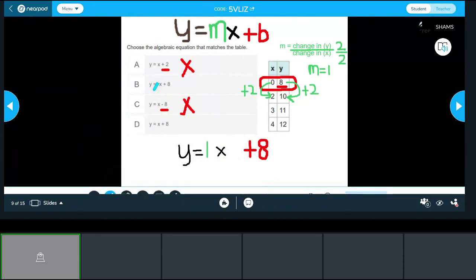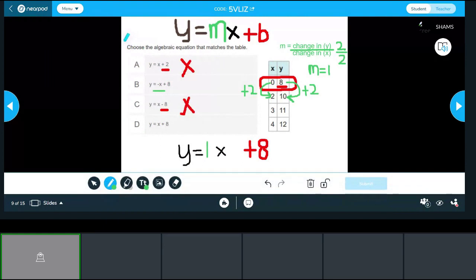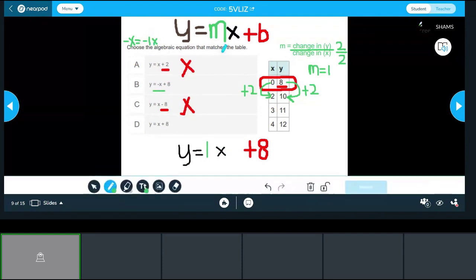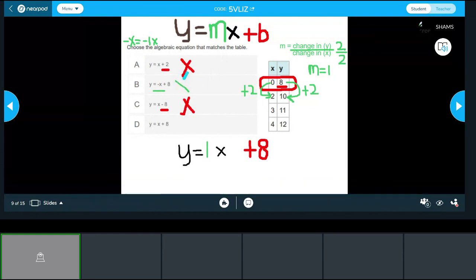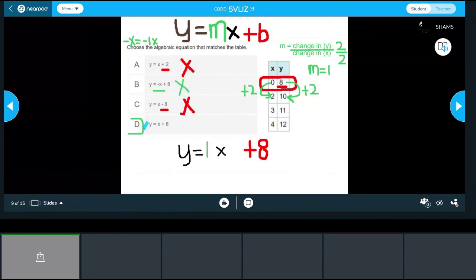I see negative x. What does negative x mean? Negative x means negative 1x. Remember, 1 is invisible in math. Negative 1x. But I know m is supposed to be a positive 1. Not the correct answer. I can say D is correct.